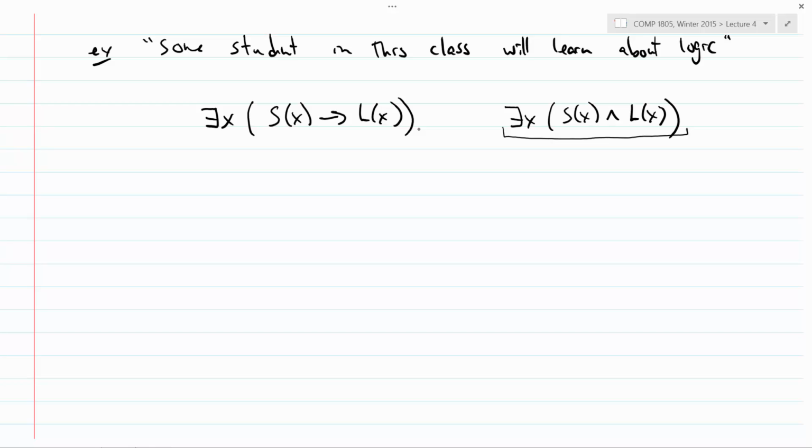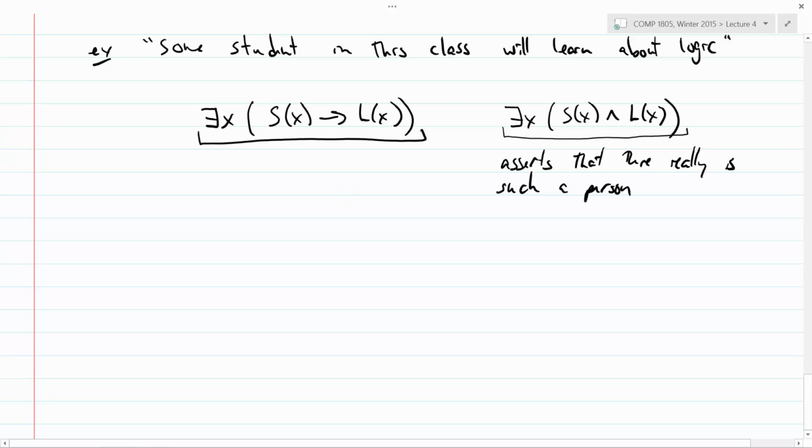So this is the second most common source of errors, is confusing implication and conjunction inside of an exists. Okay? So this thing asserts that there really is such a person.